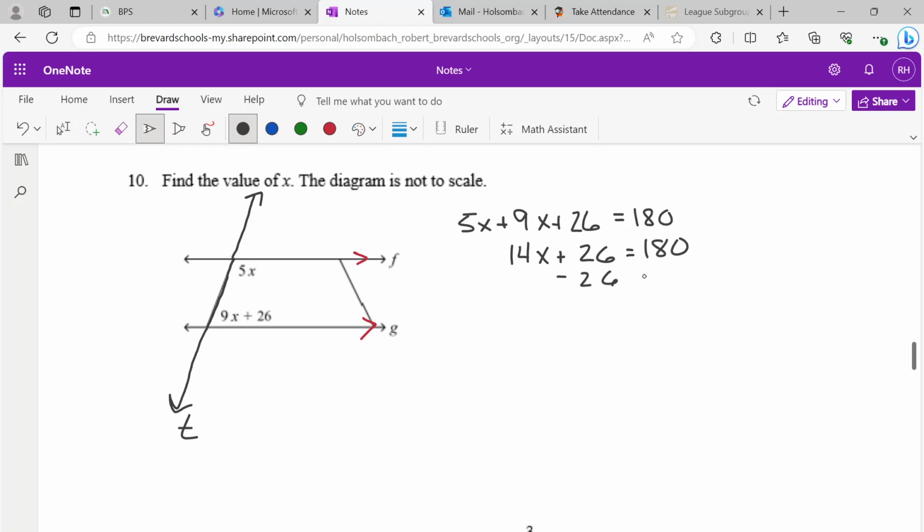Subtract 26 from each side. 14x equals 154. And then divide by 14. x equals 11.